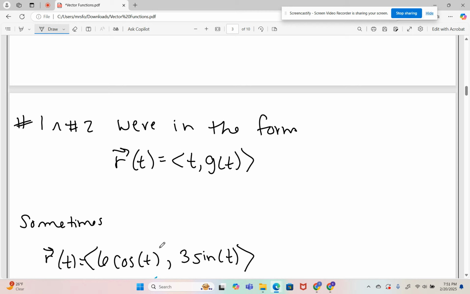So now, when I look at this, r of t, vector r of t, 6 cosine t, 3 sine t, what we see here is you can look at that and tell, oh, that's going to give me the shape of an ellipse, where it goes through my x's at -6 and +6, and my y at 3 and -3.